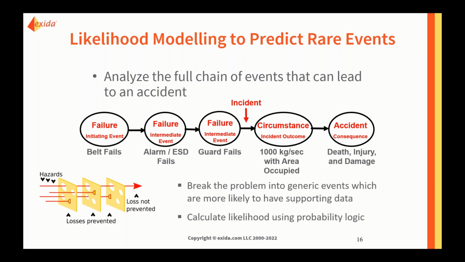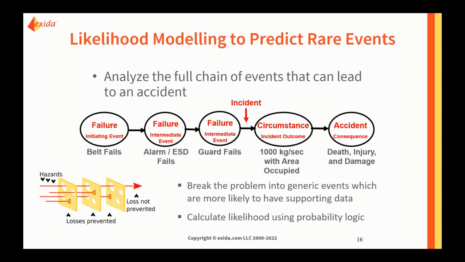A lot of times, the likelihood is considered as a chain of events that is set into motion by some well understood and reasonably predictable initiating event. And then the tracking of that event through a series of potential escalation steps to a release of material, and then whether or not that release of material is going to cause personnel harm, equipment damage, environmental harm, etc.